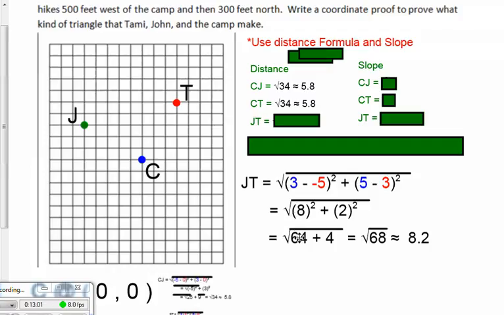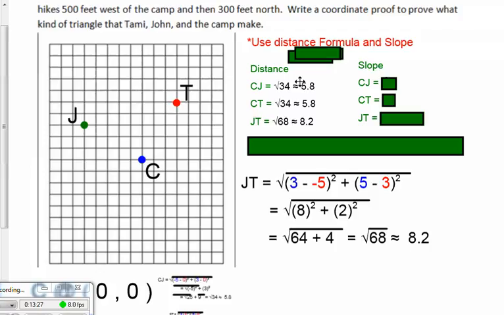Squared is 64. 5 minus 3 is 2. 2 squared is 4. 64 plus 4 is 68. Square root of 68 is about 8.2. So in between these guys is about 8.2, or about 820 feet from here to here.